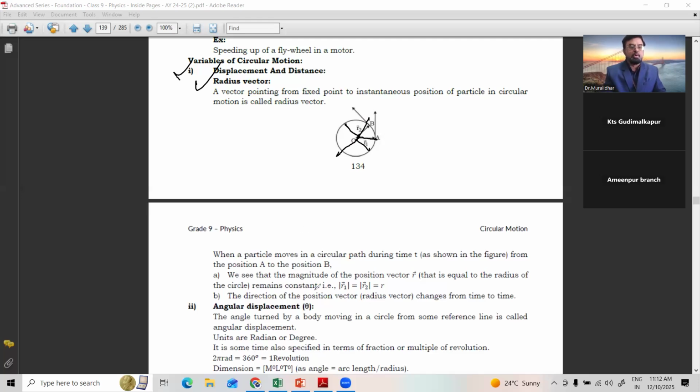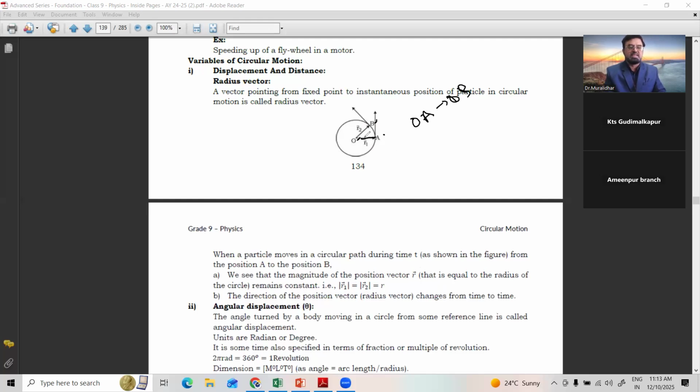Right? So when a particle moves in a circular path during the time t, as shown in the figure, from position A to B, it moves from OA to OB. We see that the magnitude of the position vector, which is equal to the radius of the circle, remains constant.